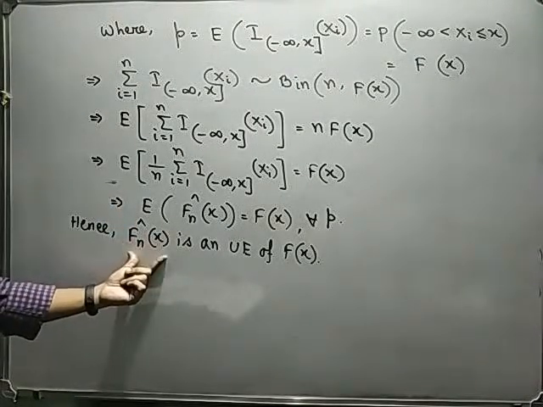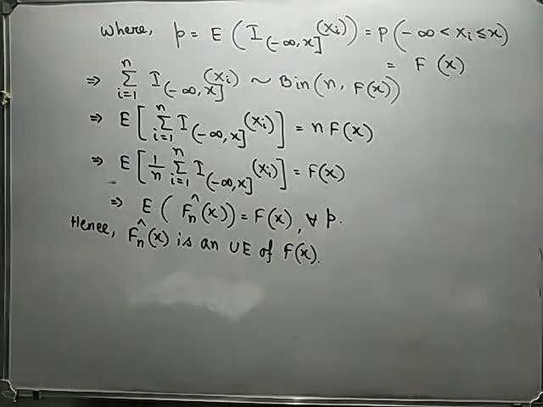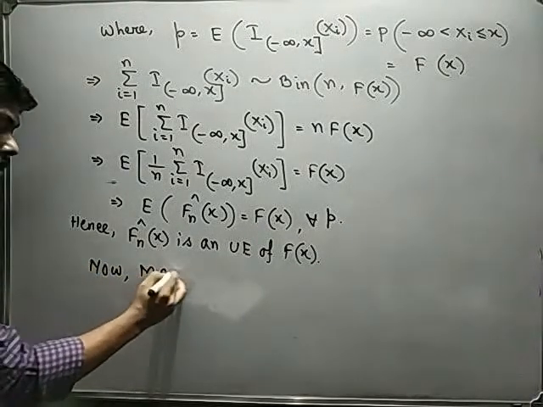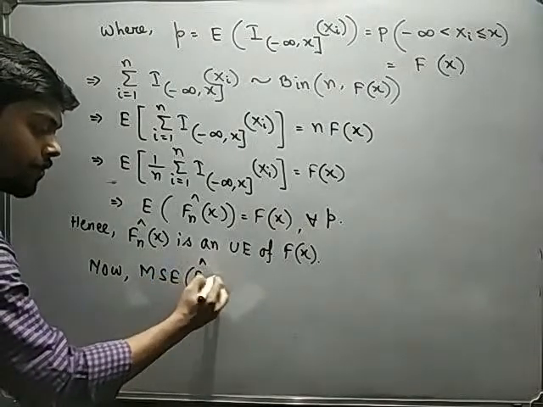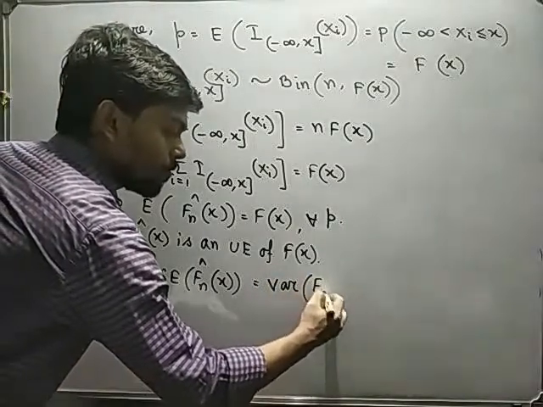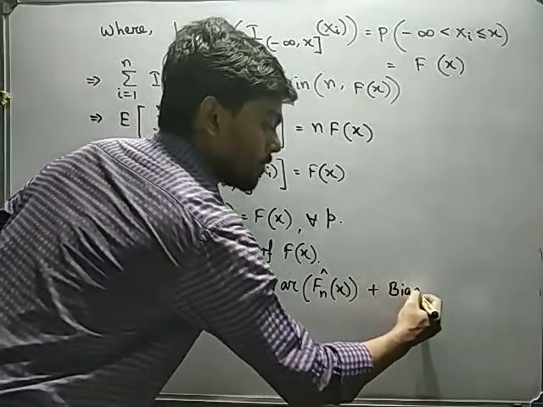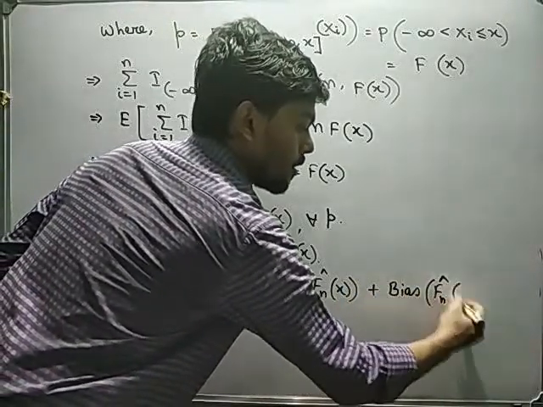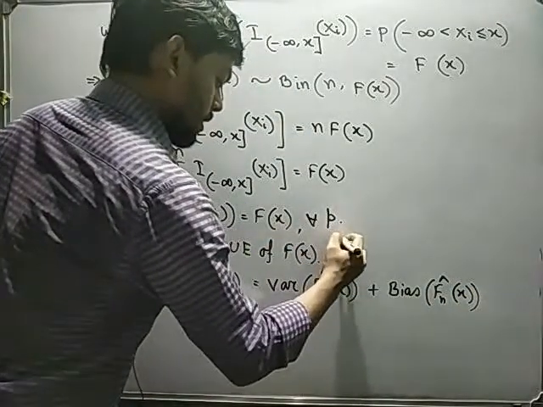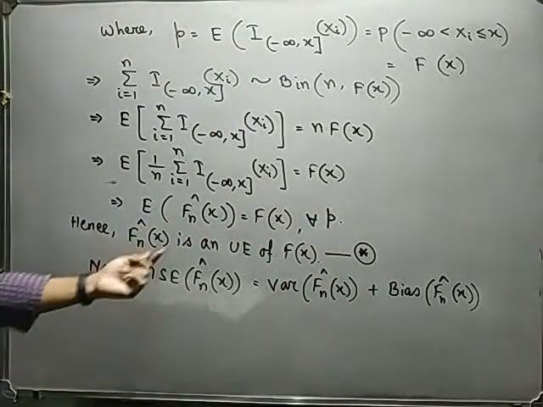As Fn hat x is an estimator of F(x), we have to find its MSE. Now, the MSE of Fn hat x is basically the variance of Fn hat x plus the square of the bias of Fn hat x.